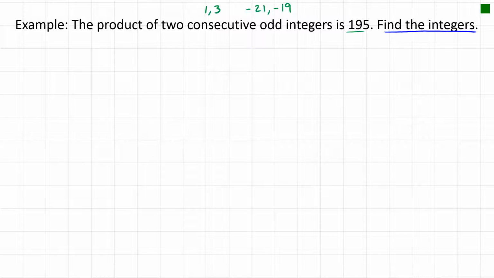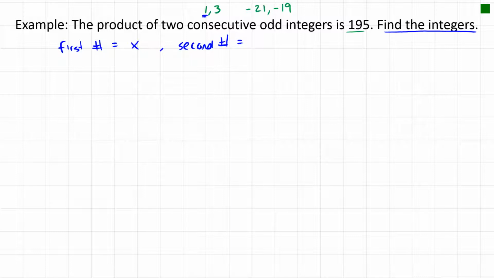So what we're going to say is that the first number is equal to x. The first integer, for example, would be 1. If 1 is the first number, we're going to call that x. It's something that we just don't know yet. And then the second number, what's its relationship to x?